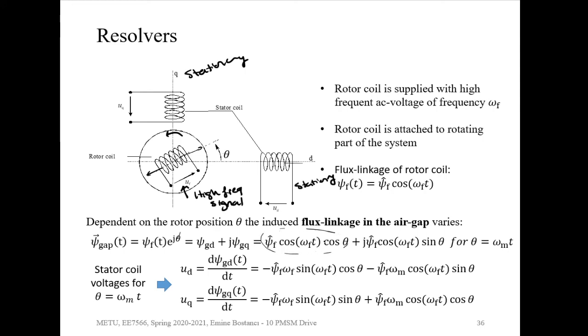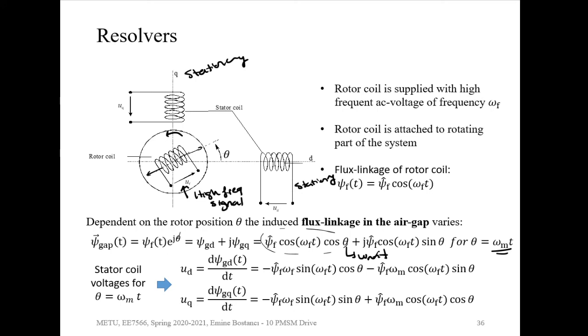This is due to the high frequency signal injection. This is due to the rotation of the rotor, and we can say that it's related to omega m times t. So this is the mechanical speed. Then UD can be calculated like that. The derivative is also going to depend on the time, omega m times t. And the other one is also going to depend on time. We can take the derivatives.